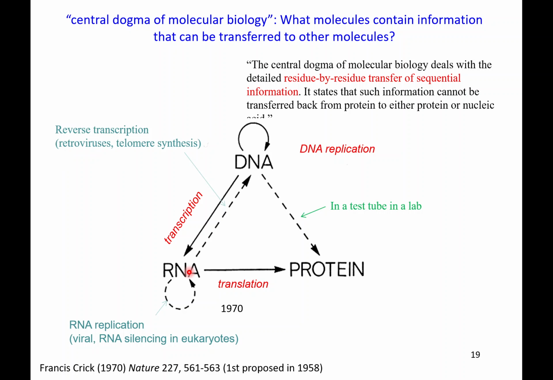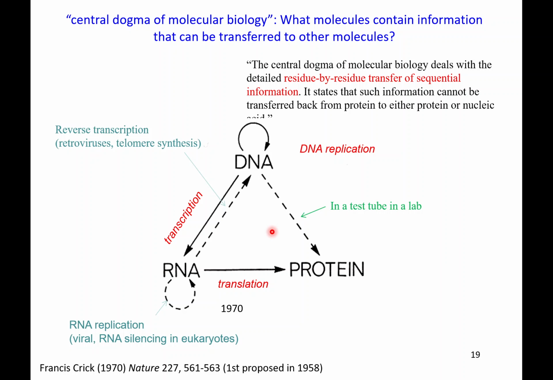Okay, so that's one way that information can go backwards. RNA can be replicated. So viral RNA is replicated. RNA silencing in eukaryotes is a relatively recent discovery that shows that RNA information can be replicated.